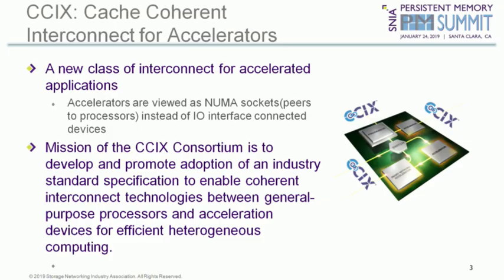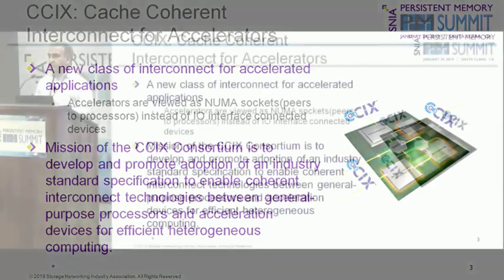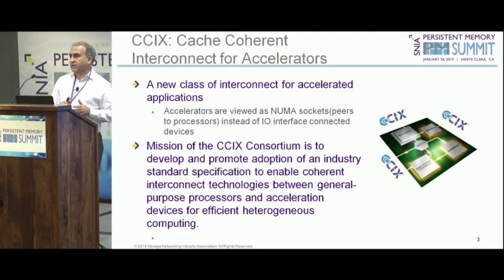So I'm going to talk to you about CCIX. This is cache coherent interconnect for accelerators. The idea here is that currently accelerators are viewed as a peripheral device connected through an I/O bus, like PCIe.